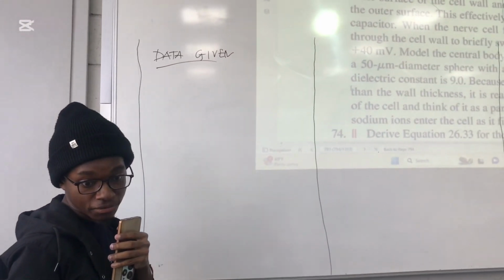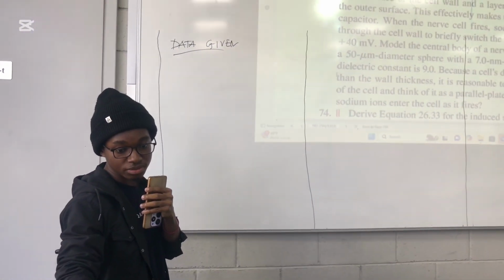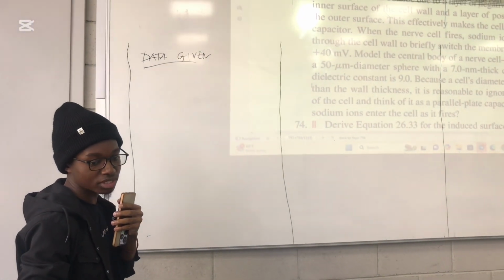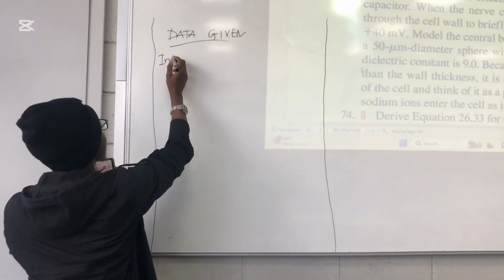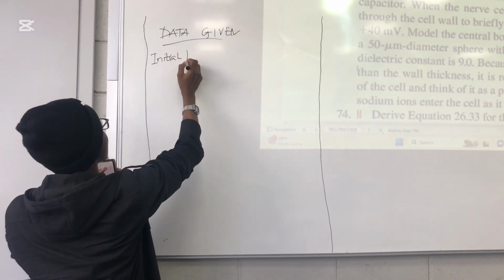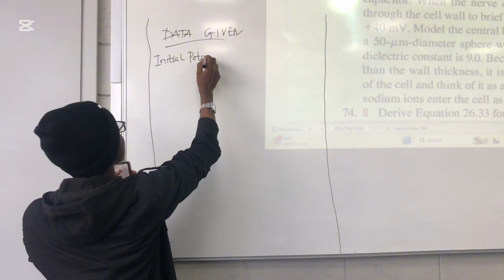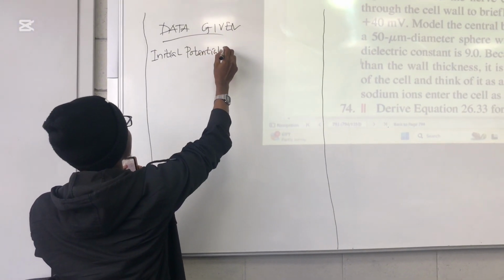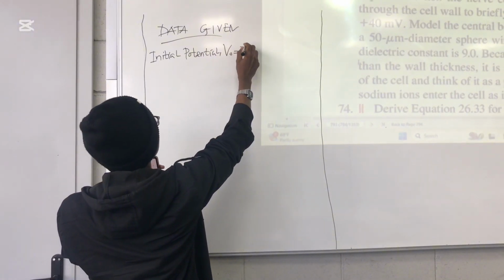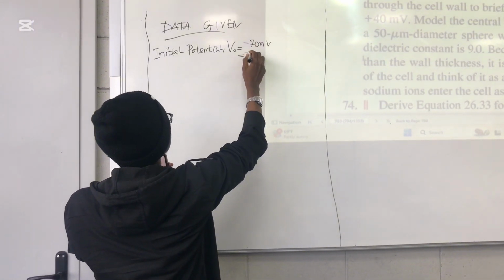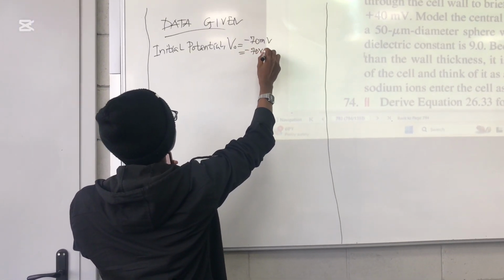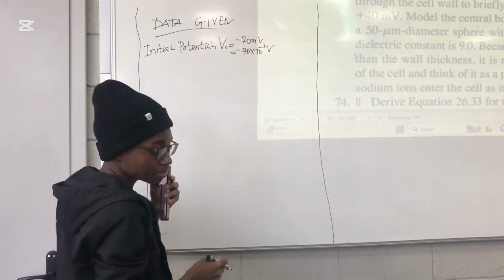First of all, we have the initial potential at the resting state, which was minus 70 millivolt. So the initial potential, we can call it V naught, is equal to minus 70 millivolt, which is equal to minus 70 times 10 power negative 3 volts.